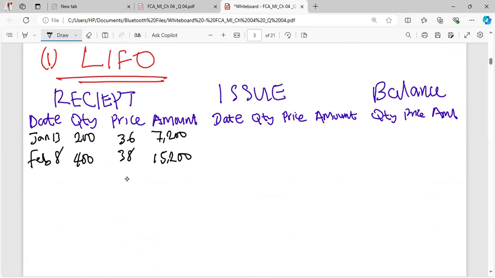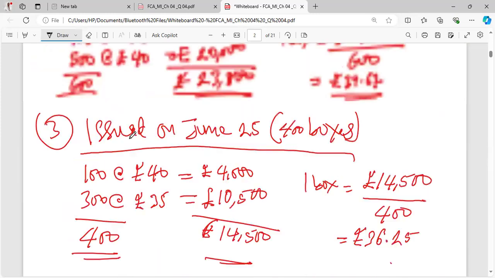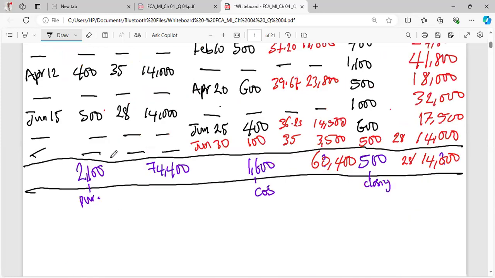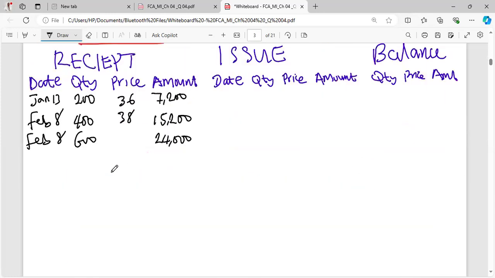The next day, or the same day, February 8th, we had 600, and it was valued at 24,000. When we checked, it was 40 naira, or 40 pounds.